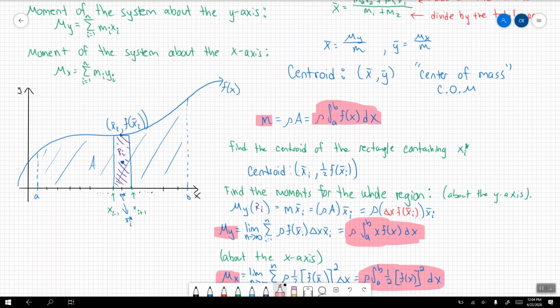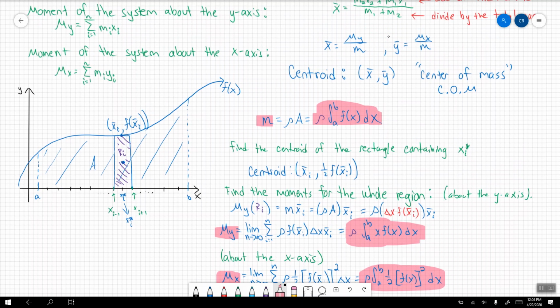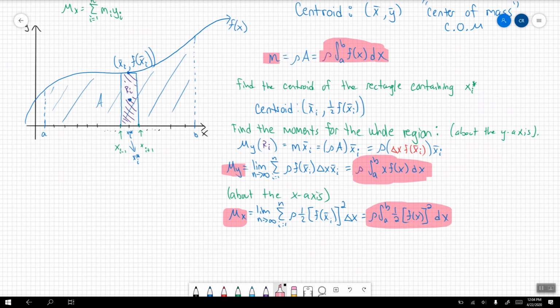So by the way that we defined the centroid right up here, we now have a process to define what the centroid is in terms of a piece of lamina. We can further explain that x bar is 1 divided by the area multiplied by the integral from a to b of x dx.